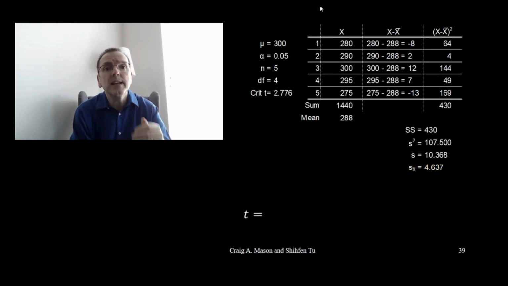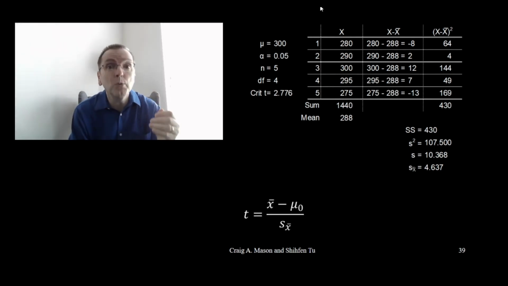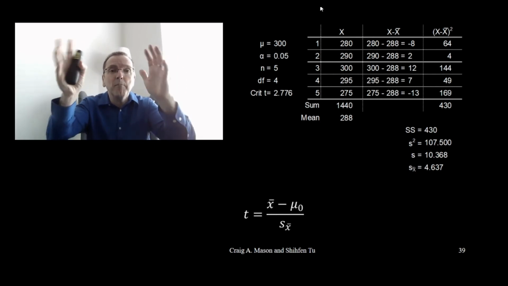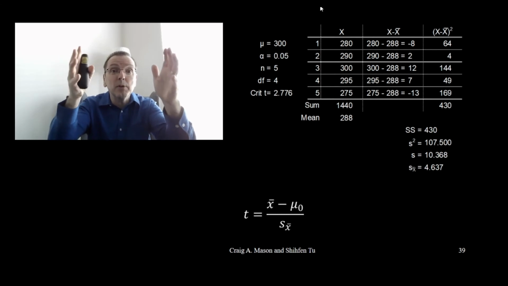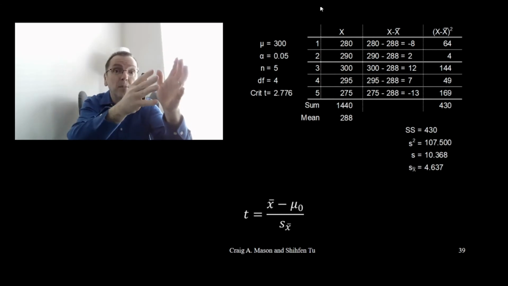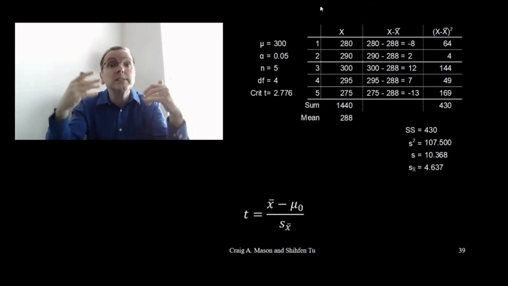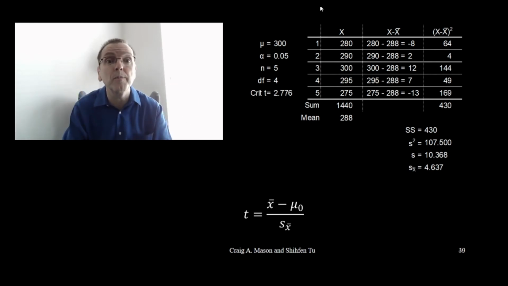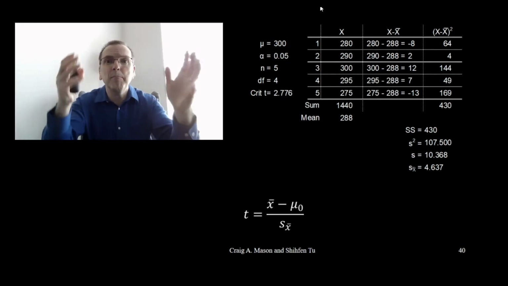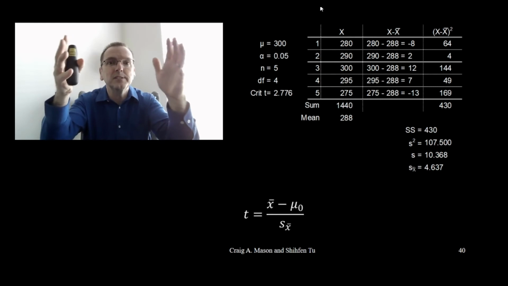Remember, t is equal to x bar minus mu naught divided by the standard error of the mean. In other words, the numerator is how big of a difference did I see between my sample mean and the mean I would expect if the null were true. How big is that difference, right?